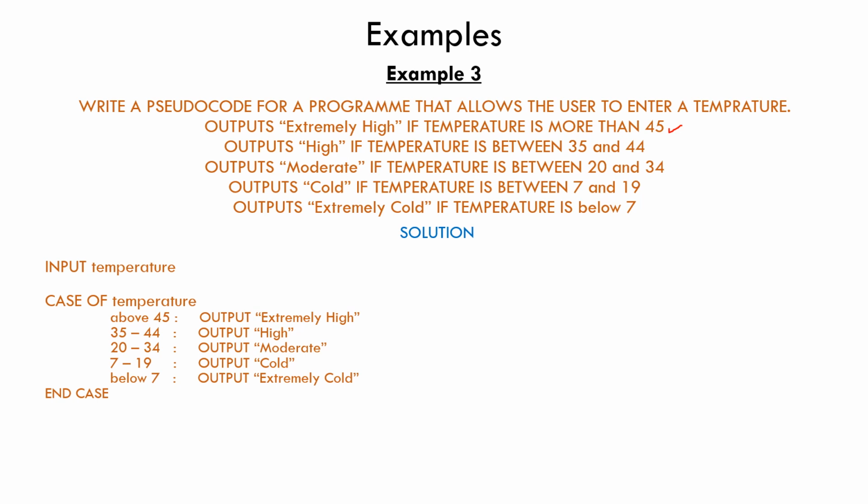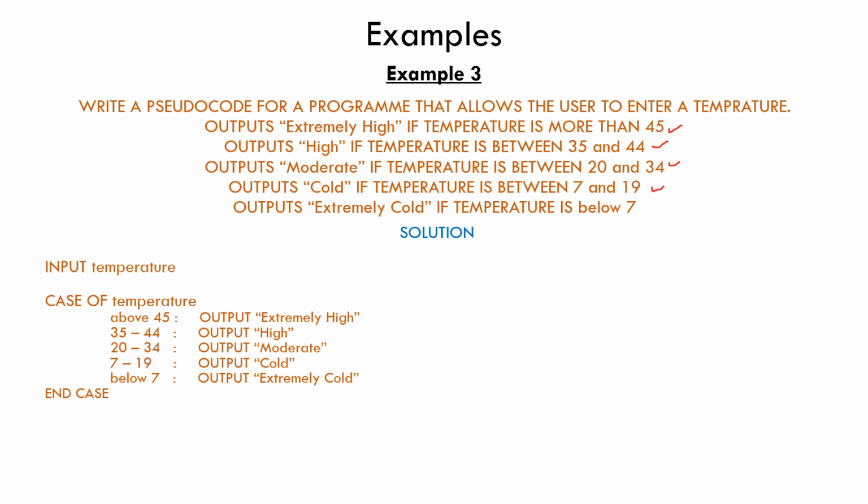If the entered temperature is between 35 and 44, you can output high. If the temperature is between 20 and 34, we can say that it's a moderate temperature, bearable. And if the received temperature is less than 20, maybe between 7 and 19, we can say that it is cold.